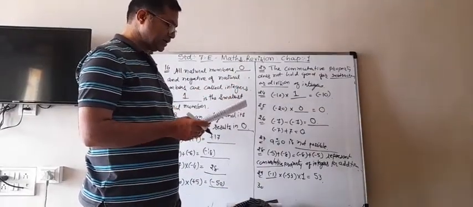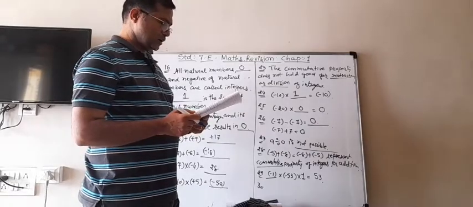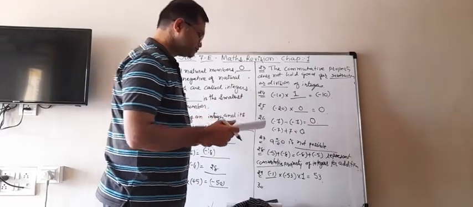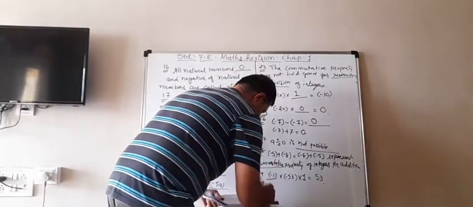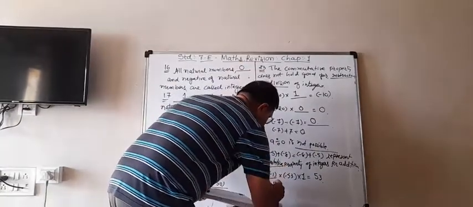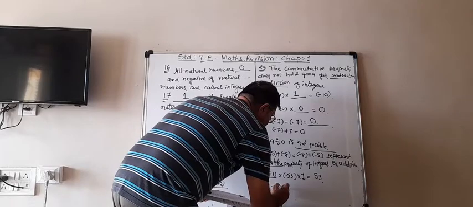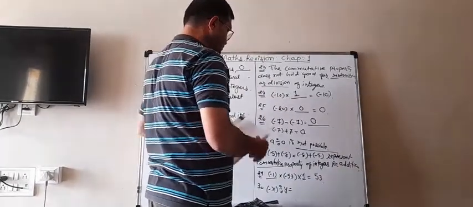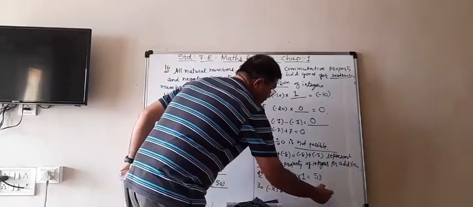Then the 30. Here, minus x divided by y is equal to blank.